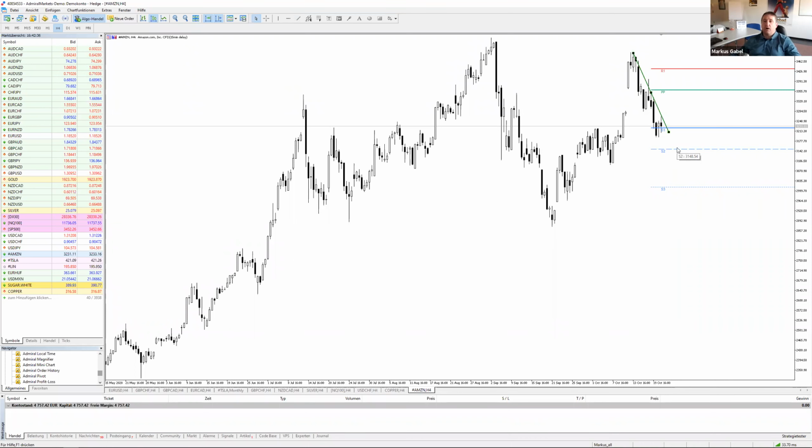Now there might be an interesting trading idea. Basically I can see a little bit of an uptrend, in my opinion. Movement, correction, movement, correction, movement, correction.